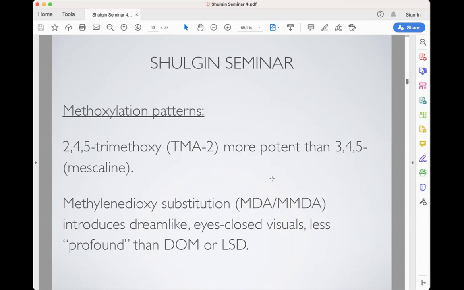So here already he realizes this therapeutic potential of this group of phenethylamines.